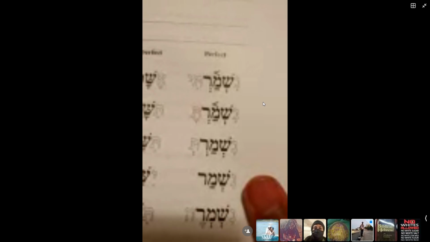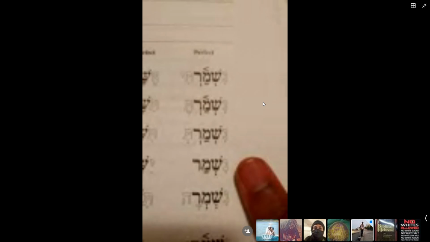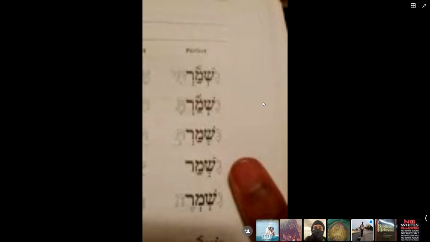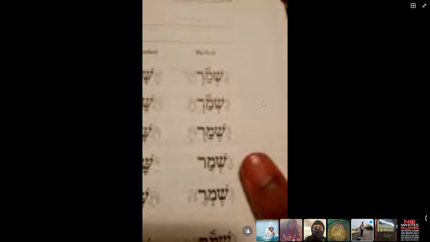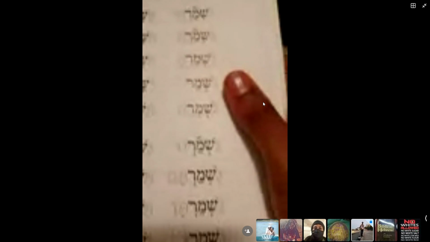It's not really that bad. They all have their unique characteristics that let you know you're in this binyan or that binyan, but holistically, it's not that much different. So once again, you have your past tense.